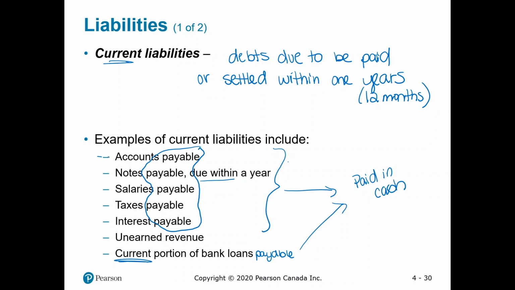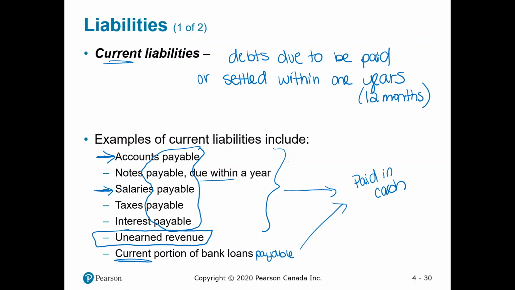So if you bought something on account, eventually you're going to pay that supplier with cash. If you have employees, you're going to pay them cash. Unearned revenue is the odd one out that we have here. So let's take a reminder of what unearned revenue is.